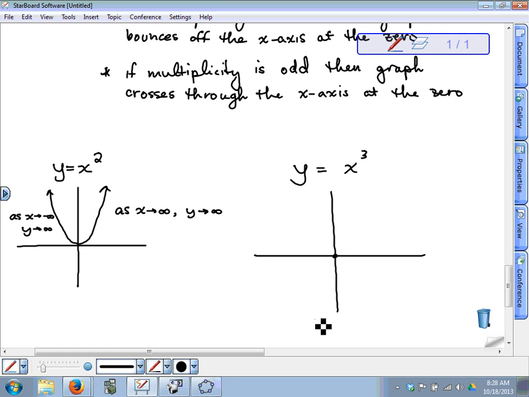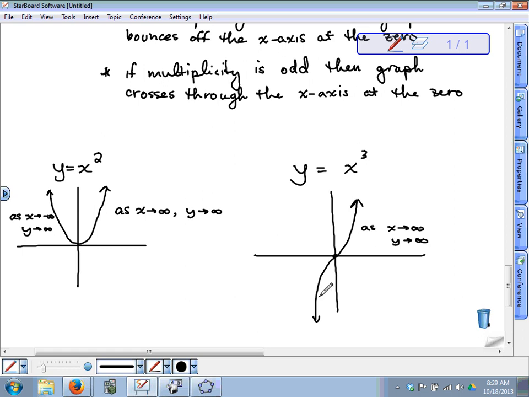And again, it doesn't need to be exact, just make a quick sketch of a third degree graph. The way you would state this end behavior is exactly the same way that you state this one. As x approaches infinity on the right side, what's y approaching?